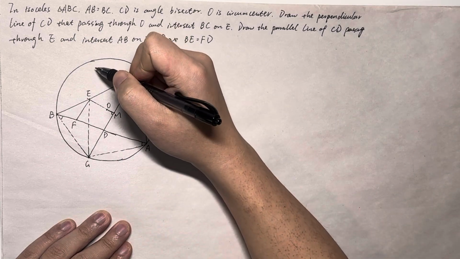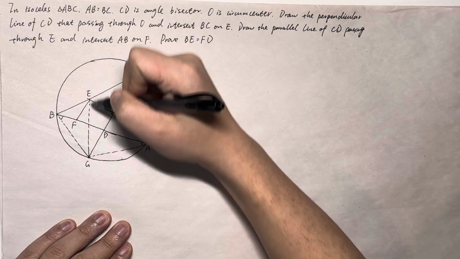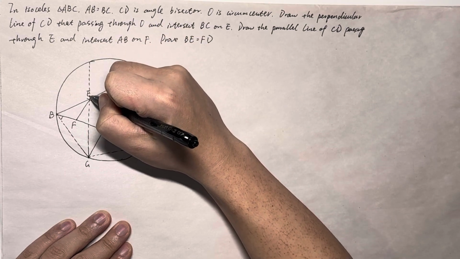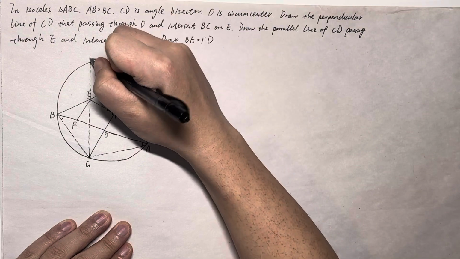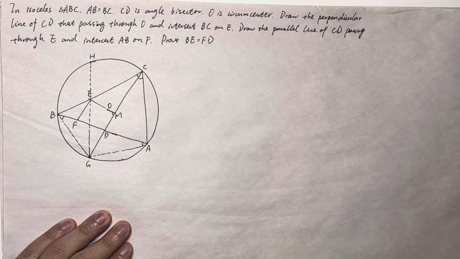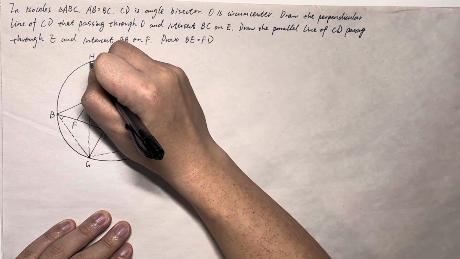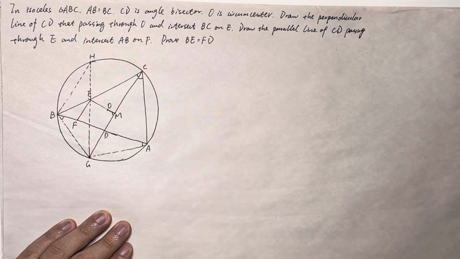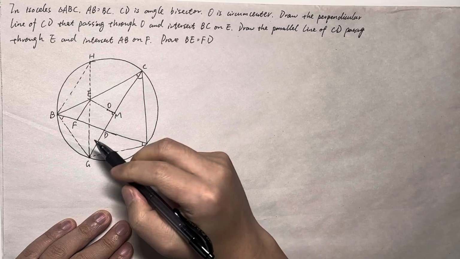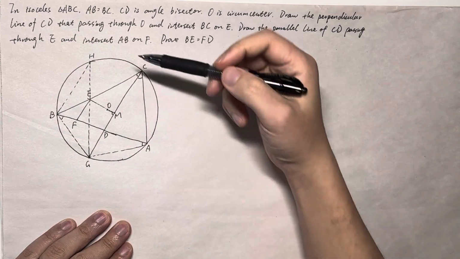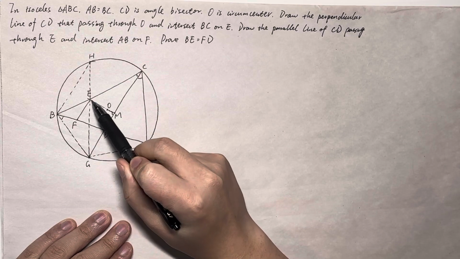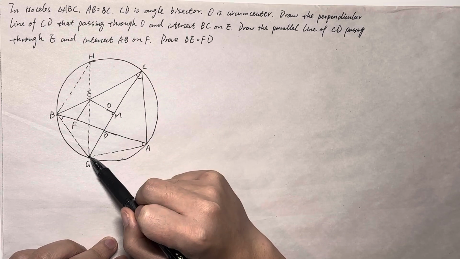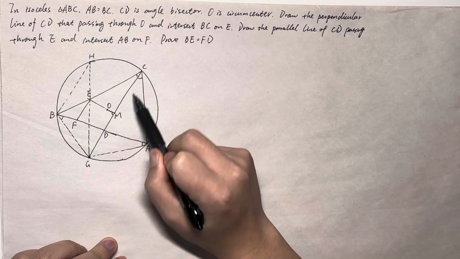We can extend EG and intersect the circle O at another point. Let's call it point H, and we connect BH. Okay, now let's take a look at what we can get here. Because EC equals EG, angle ECG equals angle EGC.